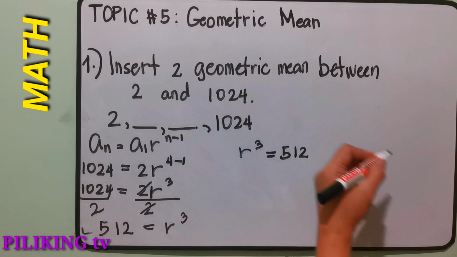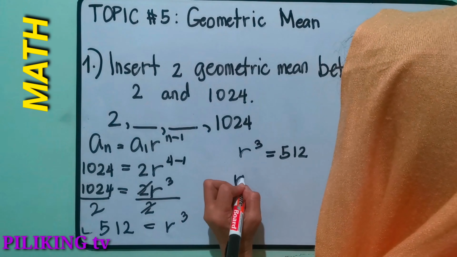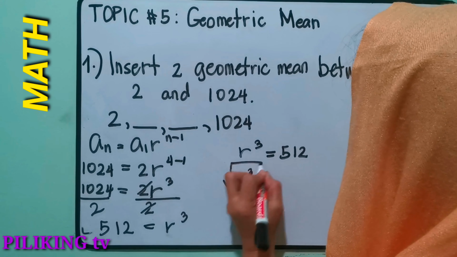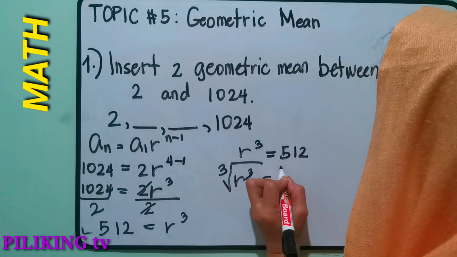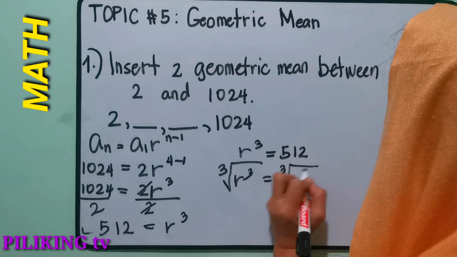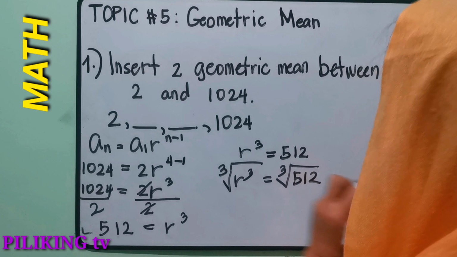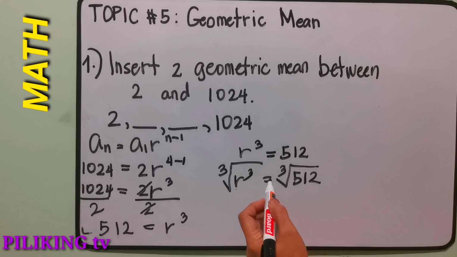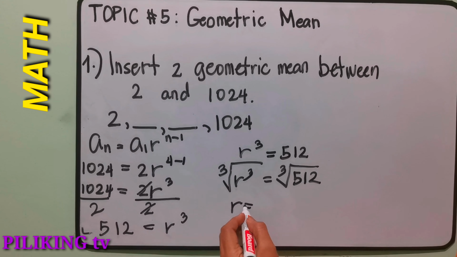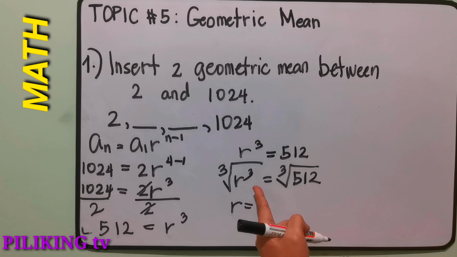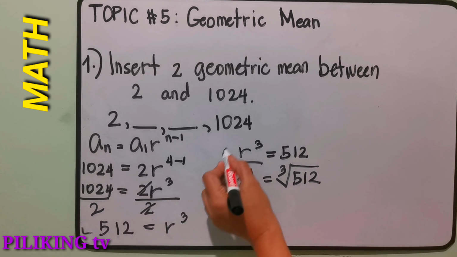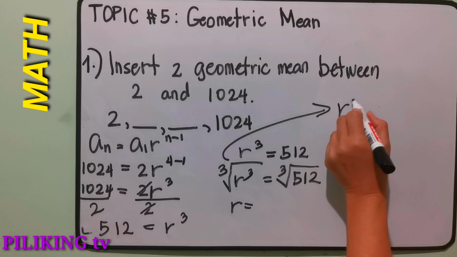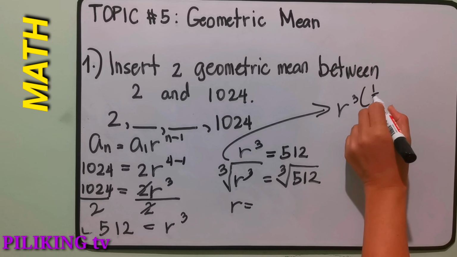Okay, get the cube root of both sides. So we have the cube root of r cubed is equal to the cube root of 512. Okay? So the cube root of r cubed is equivalent to r, because when you rewrite this into exponential form, that would be r raised to 3 times 1/3.